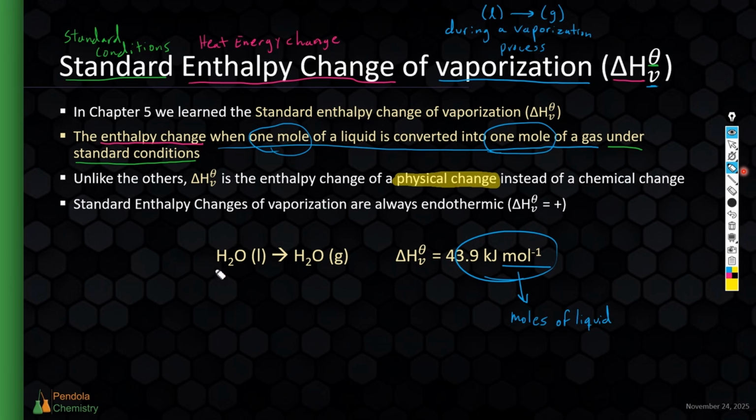If we're going from a liquid to a gas, in order to break the intermolecular forces, and you can start to have this conversation now as we pass more and more chapters, we can have this conversation of putting everything together. Because water liquid needs to be compared to water gas, in this process, IMFs are being broken. Intermolecular forces are being broken.